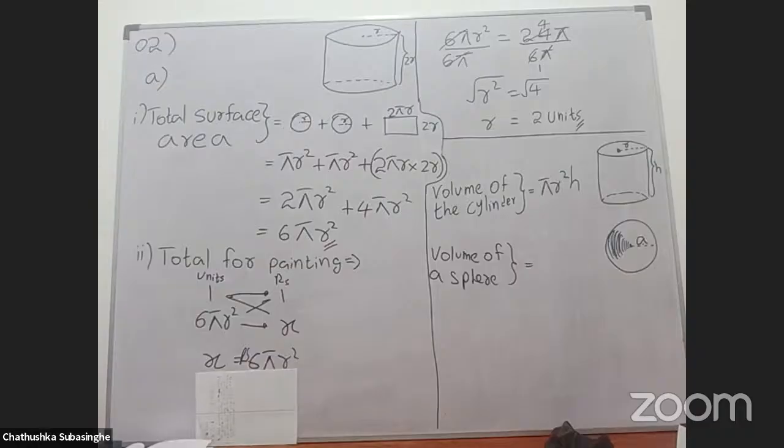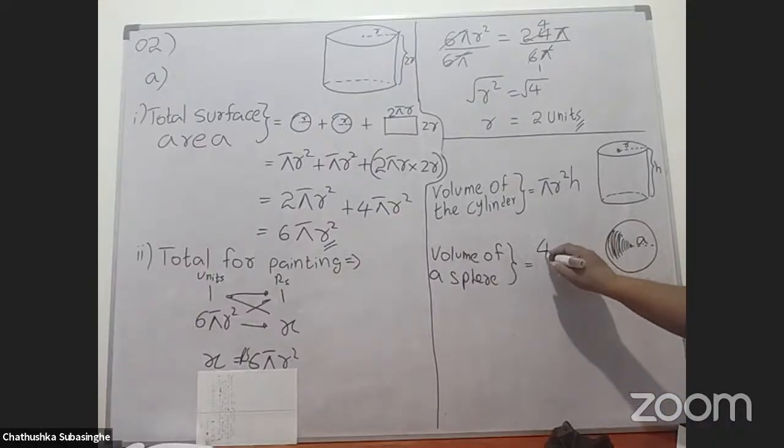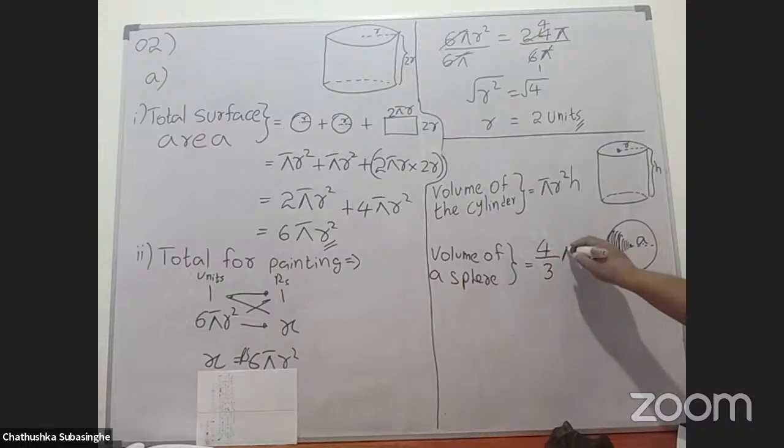So definitely you have to use the equation. We can find the volume of a sphere by using 4 over 3 pi a cubed. A is the radius, right? Since it is a volume, it is cubed.